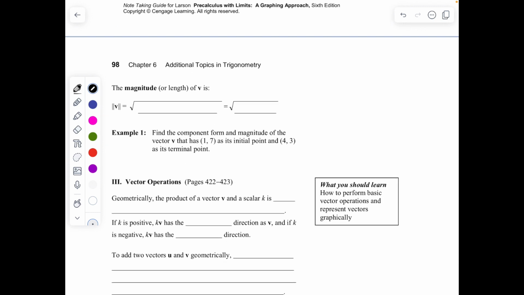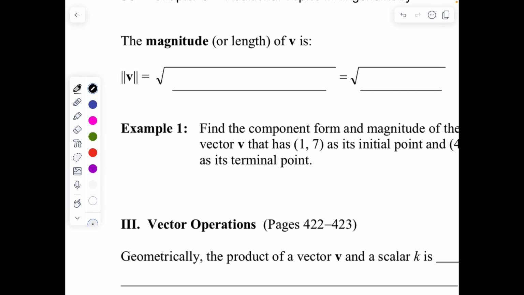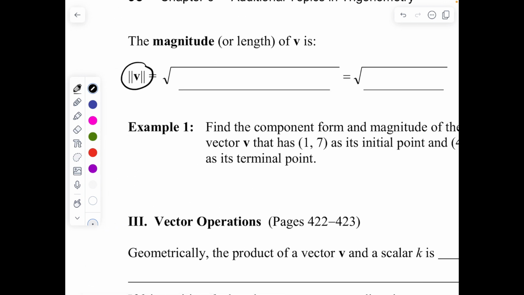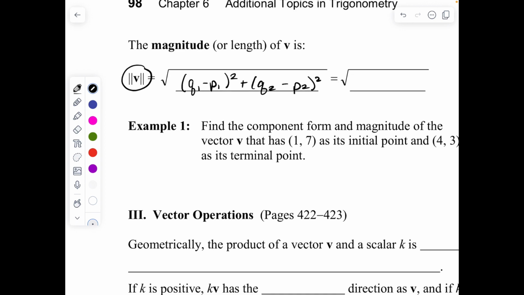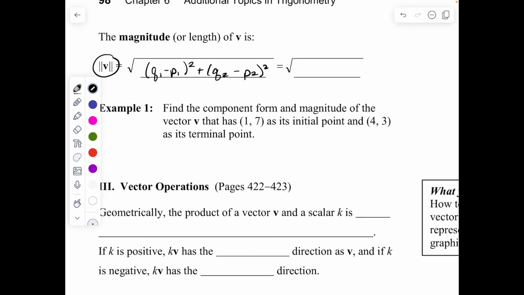So the magnitude or length, and we know that because it looks like that double absolute value, is just our distance formula: the square root of Q1 minus P1 squared plus Q2 minus P2 squared, which is the component V1 squared plus the component V2 squared.